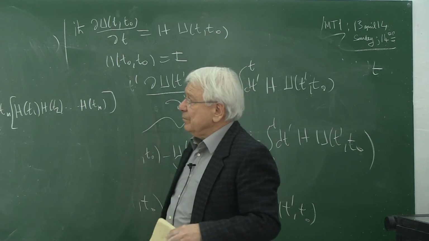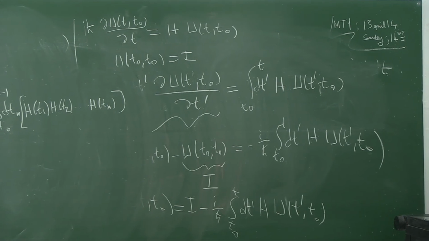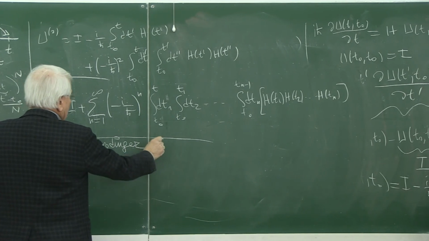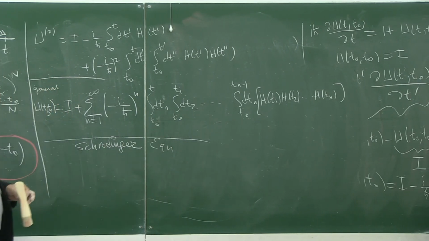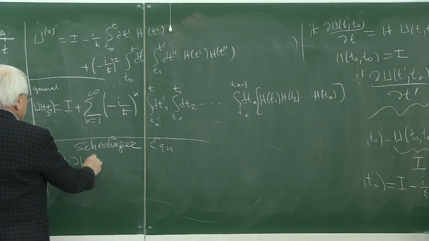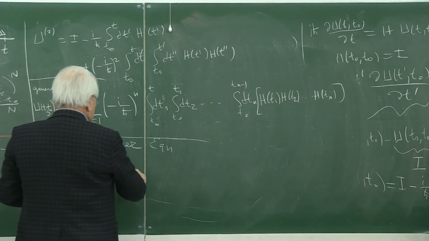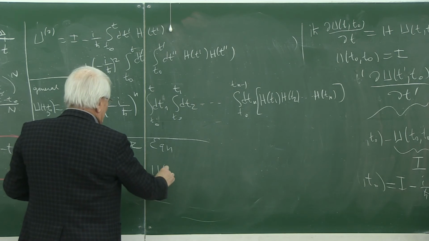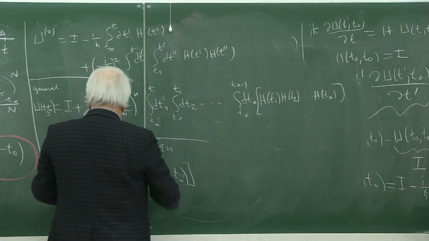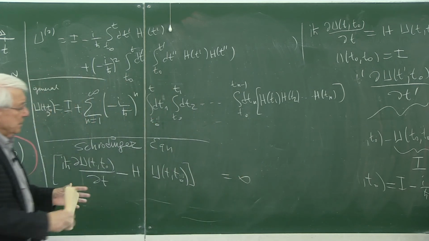If we take that equation, the Schrödinger equation, and write it in the following form: i h bar dU(t, t0)/dt minus H U(t, t0) is equal to 0. Right, I can write it as such.